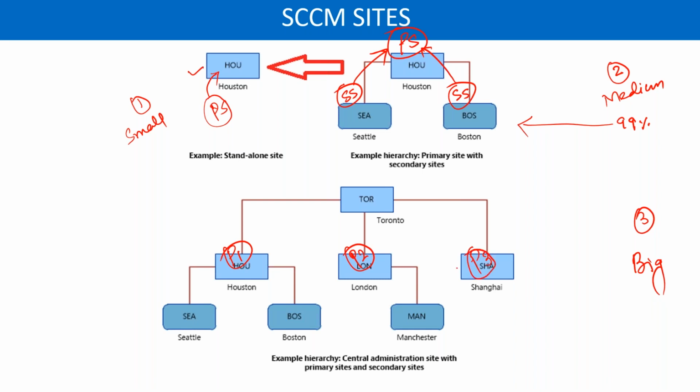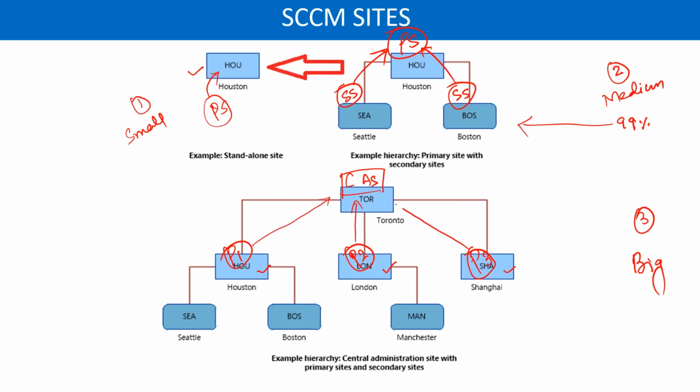Like you have 300,000 devices all over the globe: 100,000 devices in America, another 100,000 in Europe, another 100,000 in Asia Pacific. So you need multiple primary sites, in 3 different locations. All these primary sites will report to the central administration site like this.